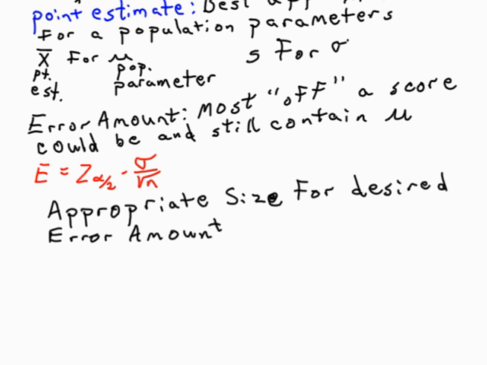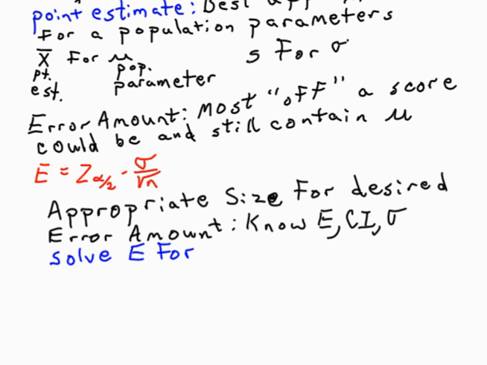What this is really referring to is you will know your error, you'll know your confidence interval, and you'll know sigma. If I know those three things, I can find the appropriate sample size, which is really solving E for n.